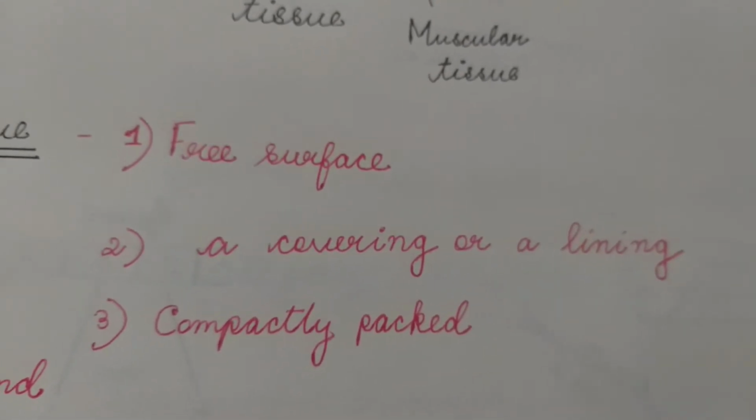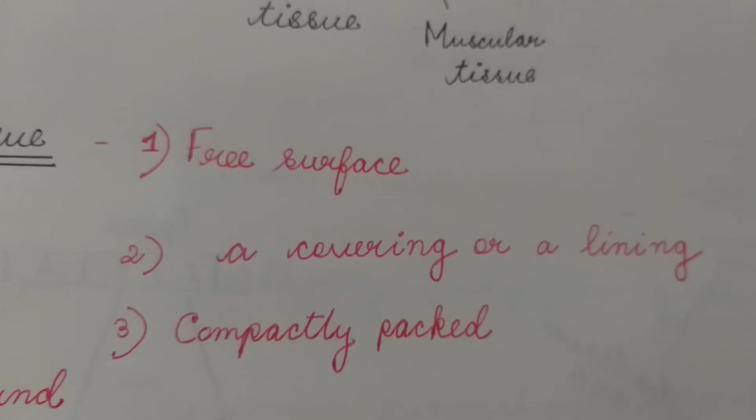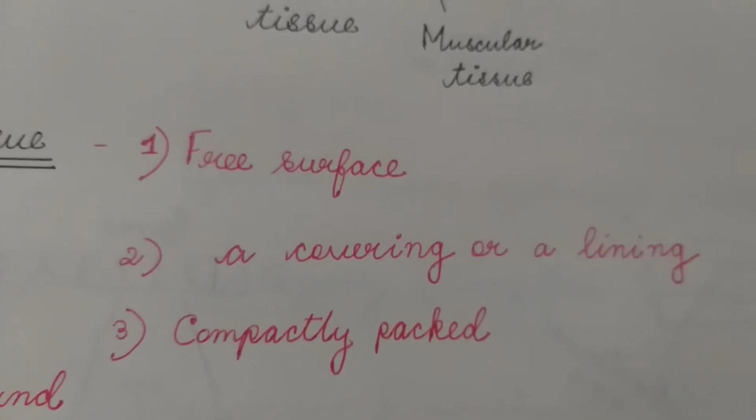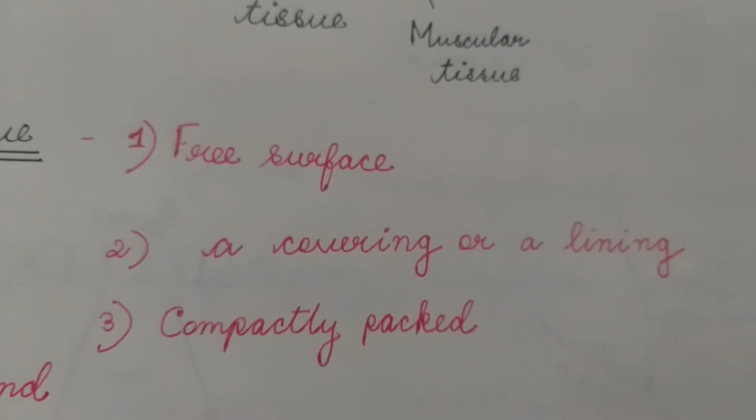Epithelial tissue consists of 1 or more layers of cells. The layer of cells has a free surface.